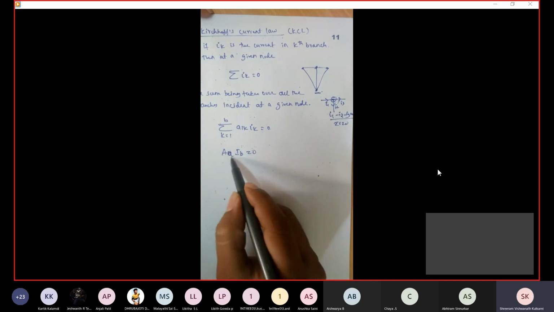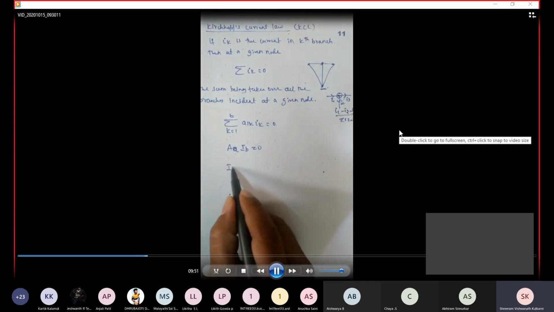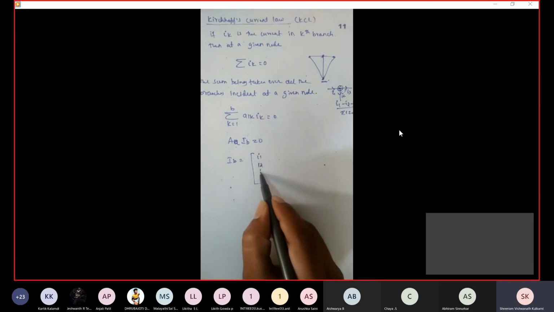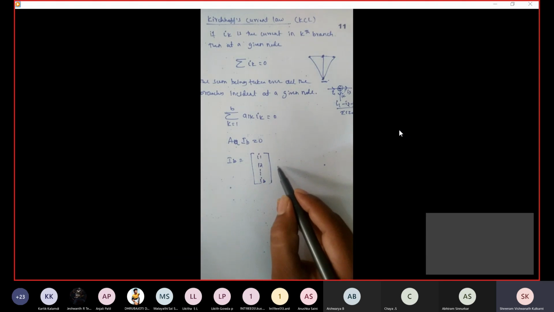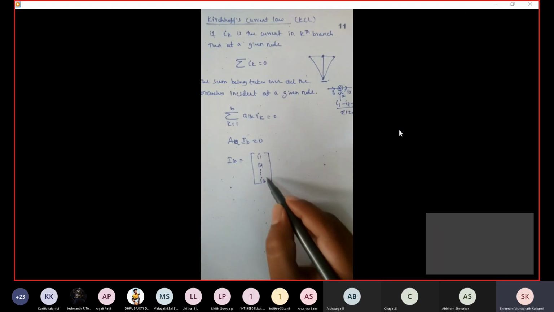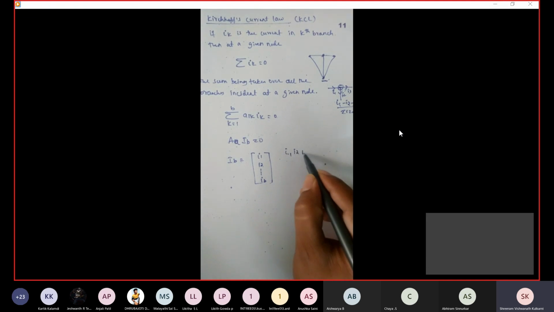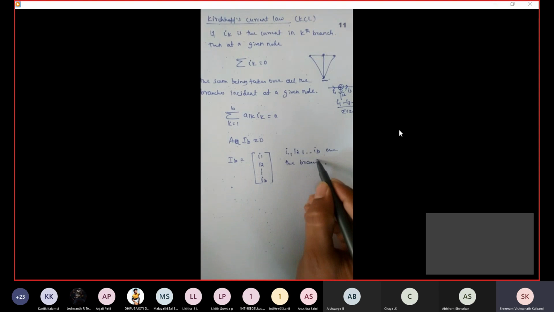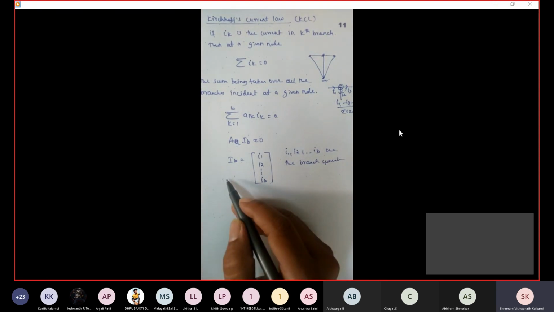We know that A_a is the complete incidence matrix, where I_B is I1, I2 up to the branch B. I1, I2 up to I_B are the branch currents, a column matrix I_B.